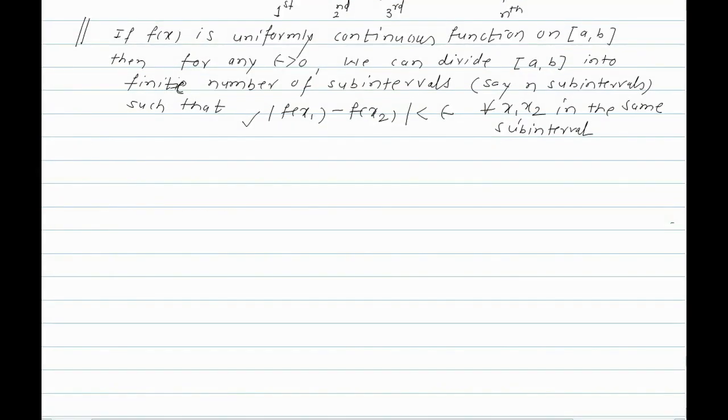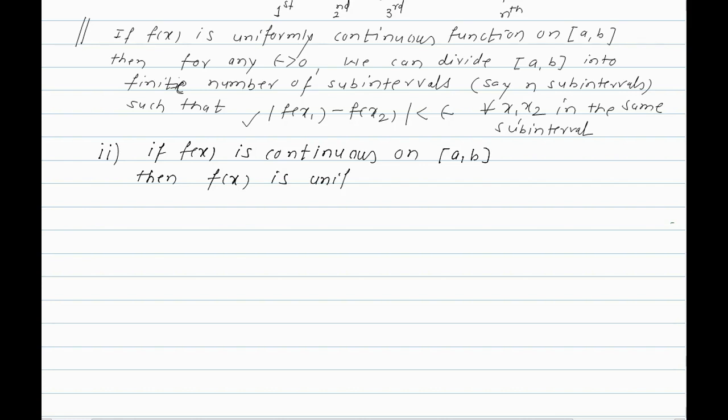Next, second note: if f of x is continuous on closed interval AB, then f of x is uniformly continuous on closed interval a comma b.